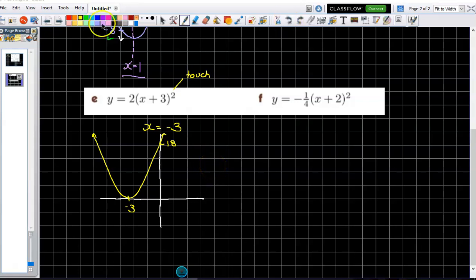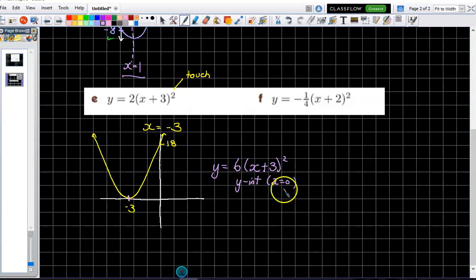If I now had, give us another number out the front. Let's go y equals 6. Okay, we'll go 6, but I'm actually not going to. The reason I made a funny face is because if I now do this, I'm still touching at -3, but what is my y-intercept now?